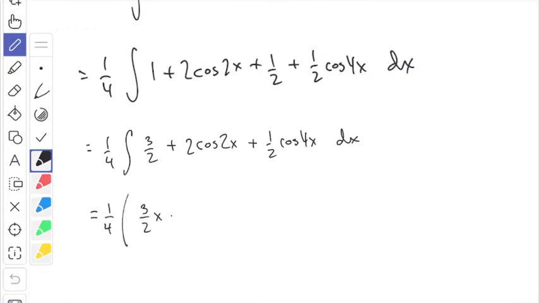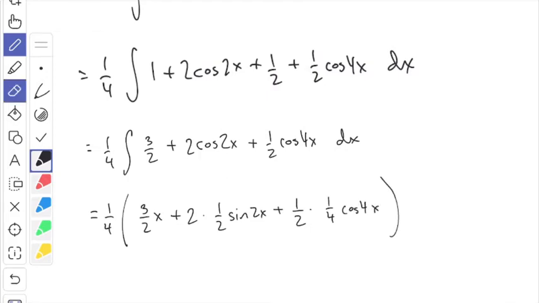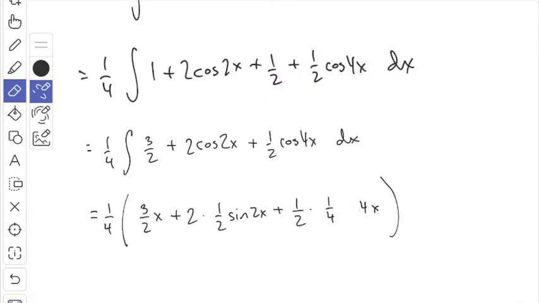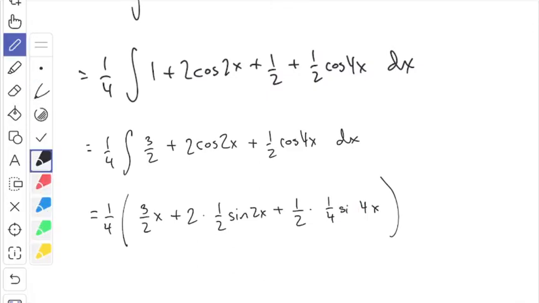That's the first part. 2 cosine 2x becomes 2 times 1/2 sine of 2x. And then this one becomes 1/2 times 1/4 cosine 4x. Sine of 4x, sorry. Integral of cosine is sine. There you go. I hope you got that, or something like that.